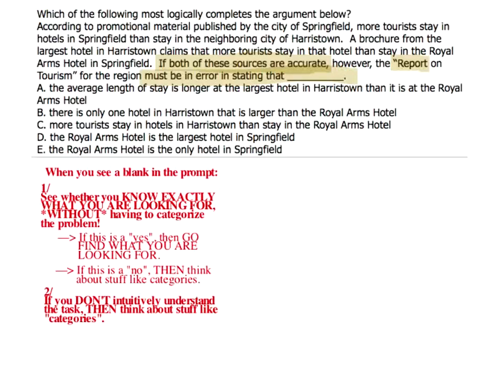There's no need for a category there. So we want something that must be wrong if the other two statements are things. That's what we want.